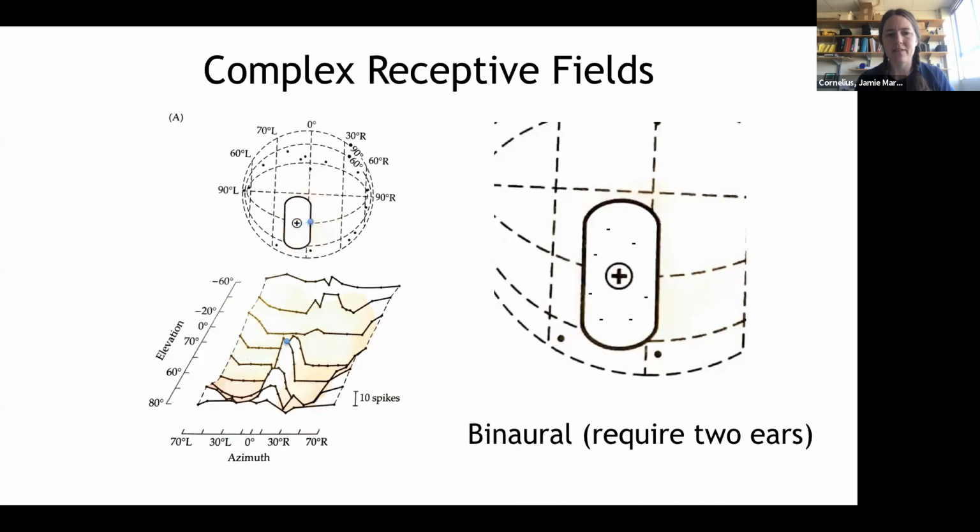And what happens to the response profile underneath of it? You can see that's a response profile. So now you're mapping it in three-dimensional space, but the elevation of the graph is referring to how many action potentials it fires. You can see the blue dot right now in that graph is at the top of a mountain of action potentials.